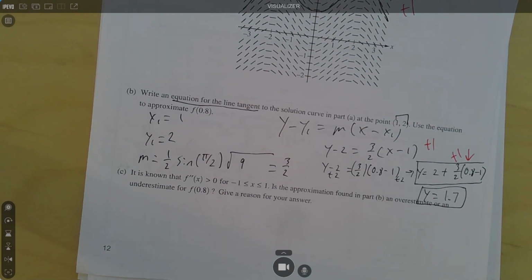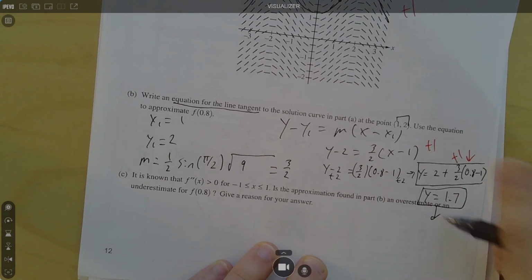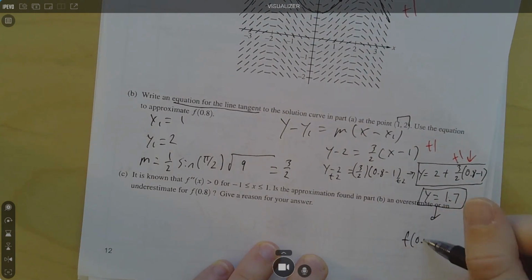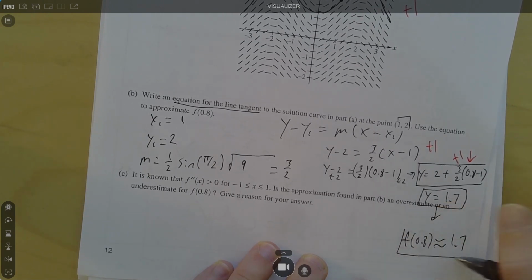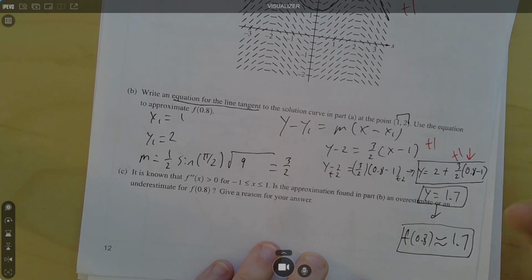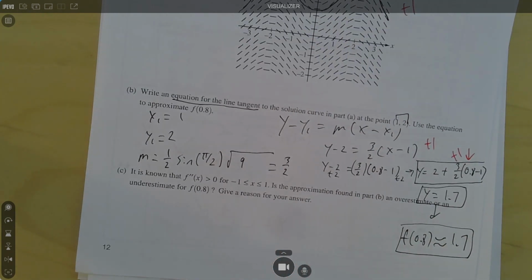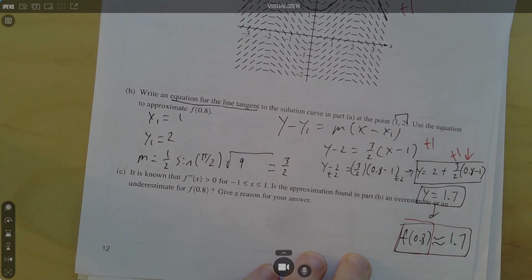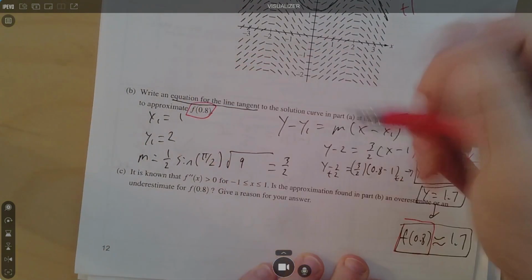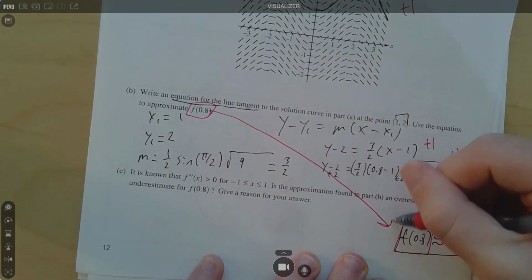I should instead write f(0.8) is approximately 1.7. I'm not sure if y equals 1.7 would count. Make sure you write it as f(0.8), because that's what it's telling me to find here.